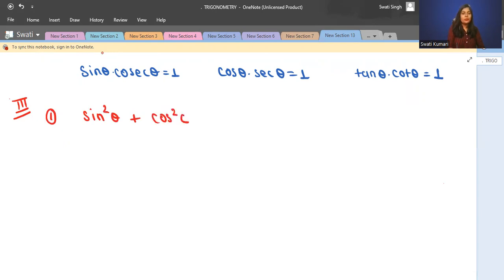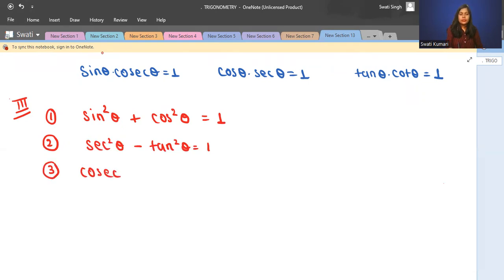In fact, I know that before even completing this formula, you already know the answer. The answer is 1. Let us do the second one. That is sec square theta minus tan square theta equals 1. The third one is cosec square theta minus cot square theta equals 1.